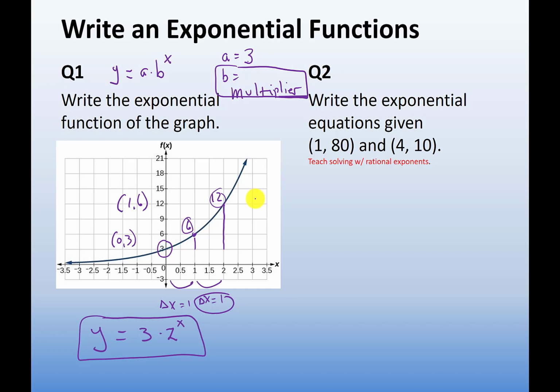If I take this y number and divide it by the one before, that's making the multiplication work backwards. y2 over y1. Well, that's 12 divided by 6 equals 2. So if I divide these two y numbers, I get 2, which means if I multiply by 2, I'm going to get the next answer. So it turns out this division ratio is going to be quite useful for finding the b number.